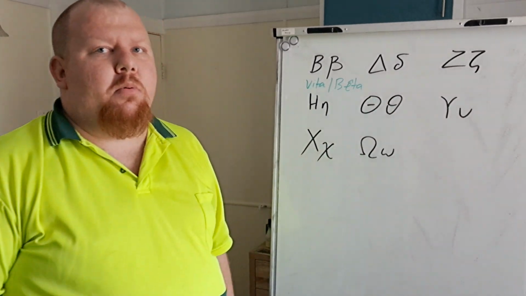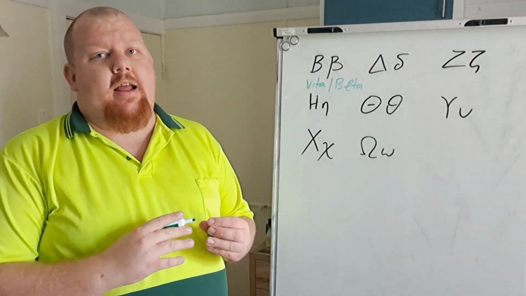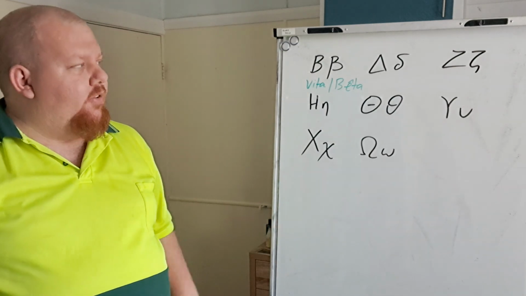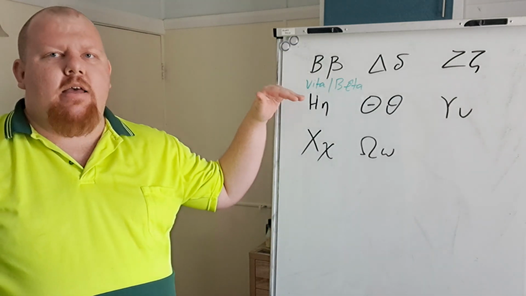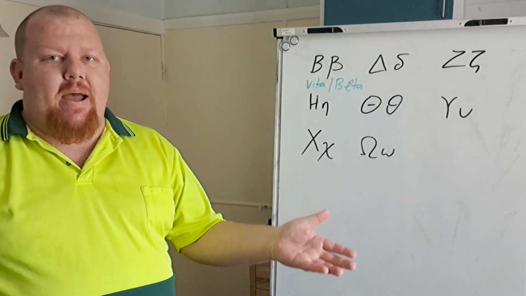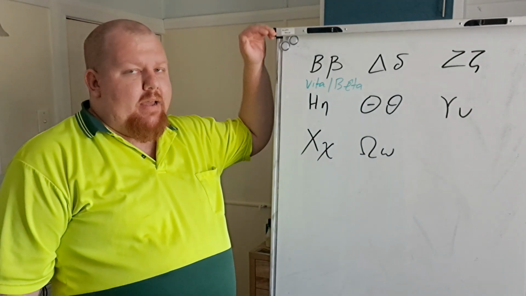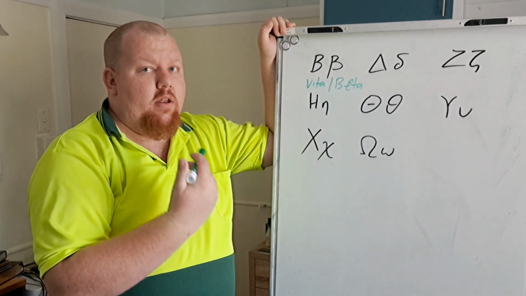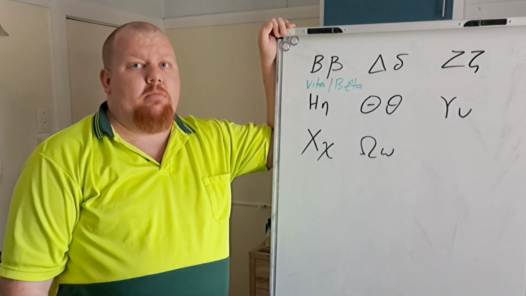And most of you probably already know the name of the letter as Beta because it's a very common word in English. So you got Vita and Beta. Beta, the letter B, is pronounced with the letter B rather than a V in Erasmian pronunciation.